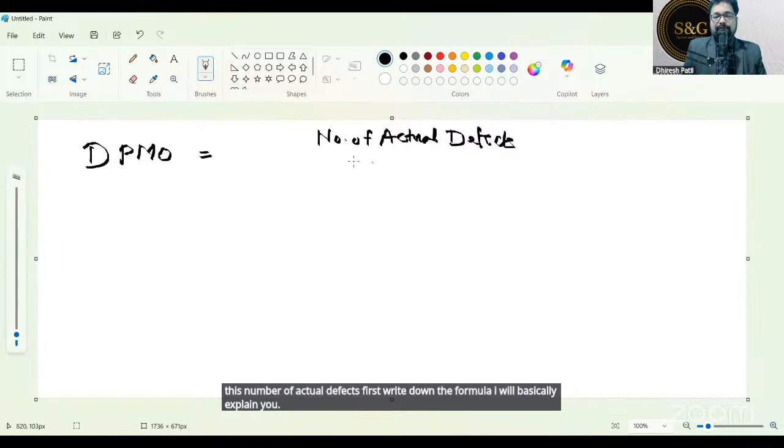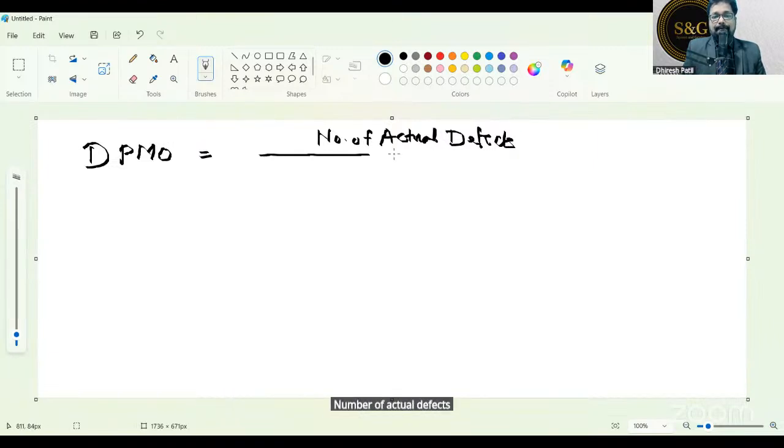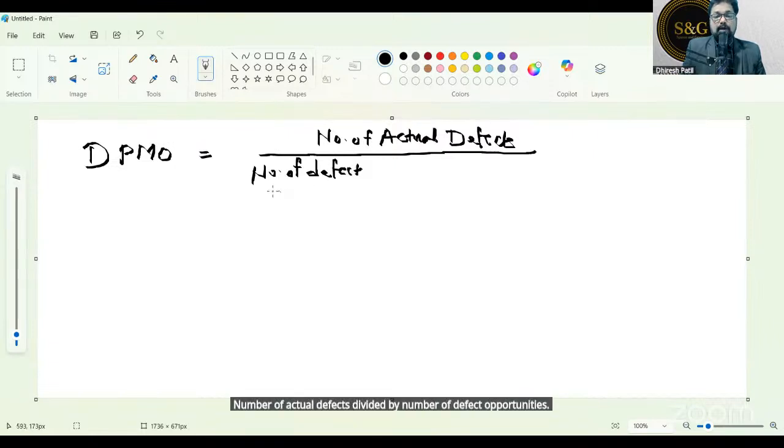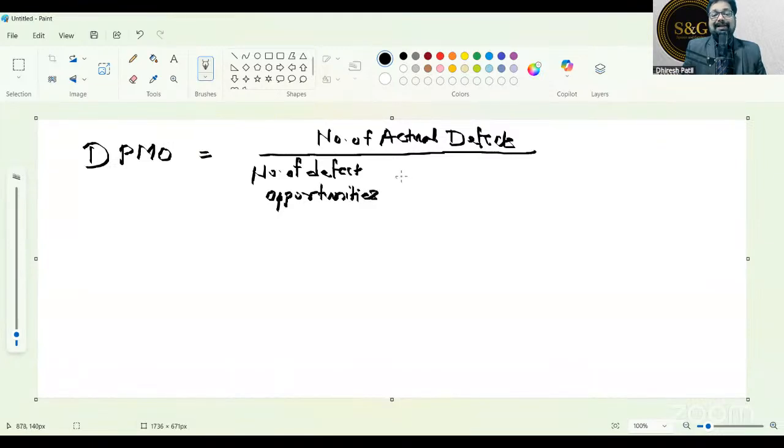Number of actual defects divided by number of defect opportunities multiplied by number of units. Unit means the entire product, or the shirt, let's say.